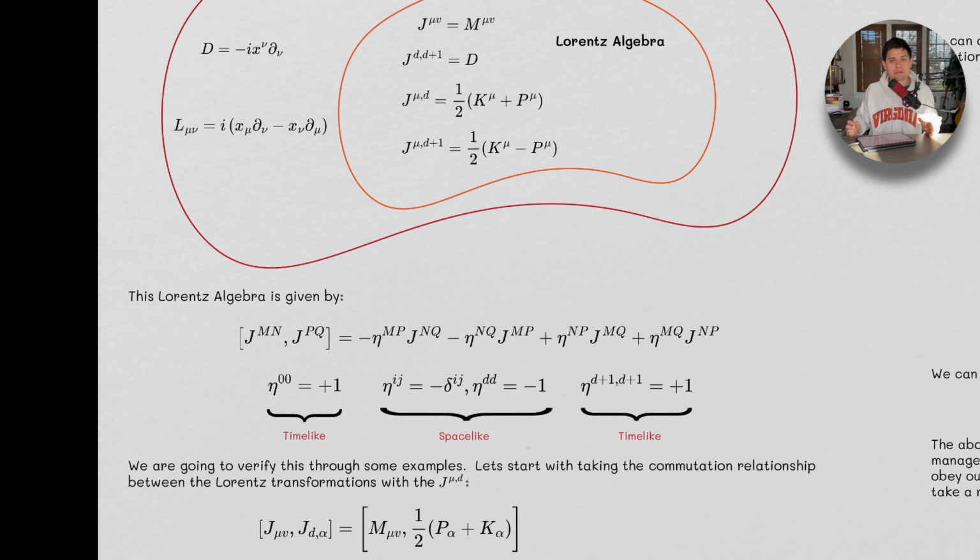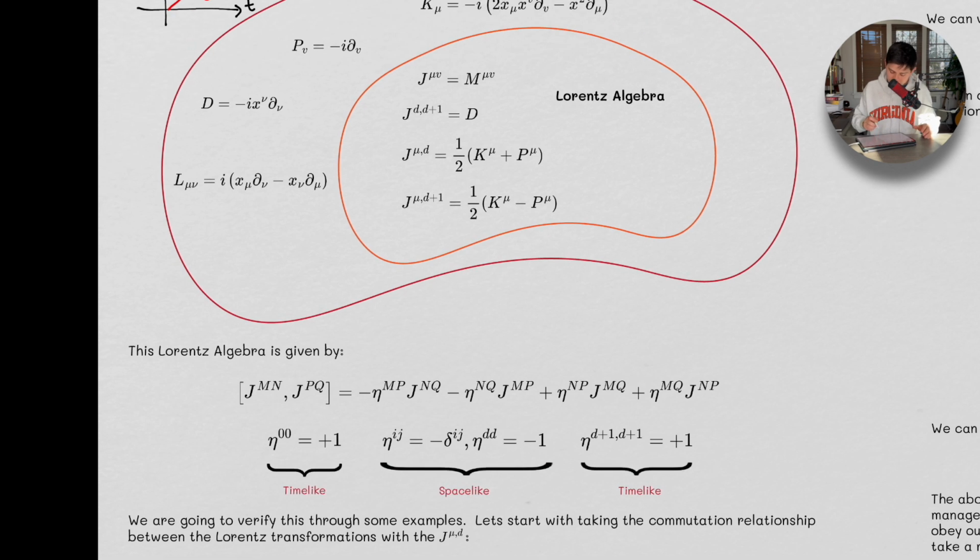And the idea here is that this here is quite reminiscent of Lorentz algebra, the Lorentz algebra. I've gone over Lorentz algebra before in my quantum field theory playlist, but nevertheless, this has the same structure. When we look at the indices, it's going to be the same.